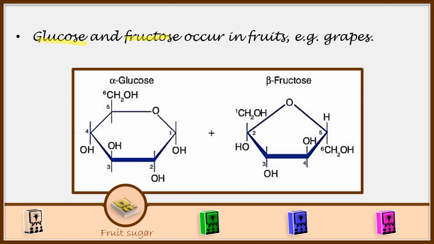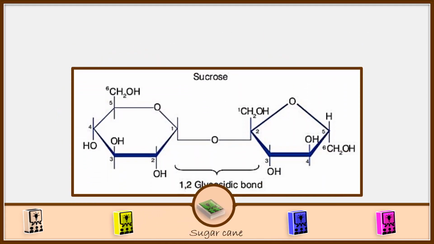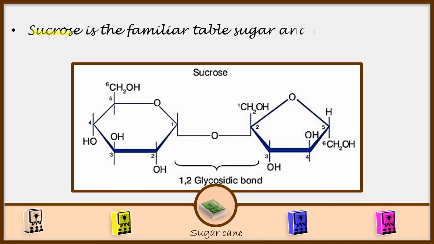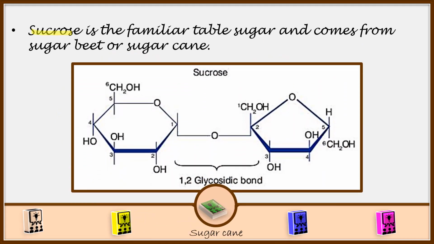Glucose and fructose occur in fruits like grapes. So glucose and fructose can be found in fruits like grapes. That's where we find glucose and fructose. Sucrose is familiar as table sugar and comes from sugar beet or sugar cane.